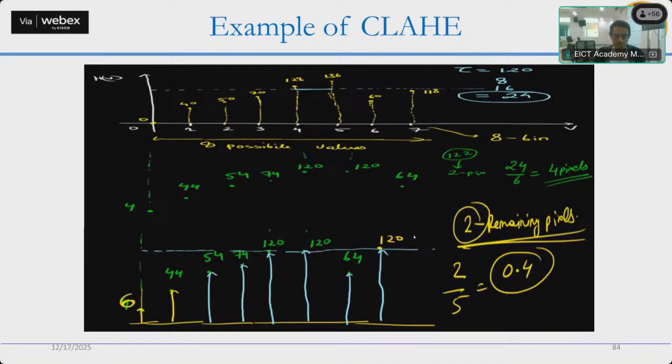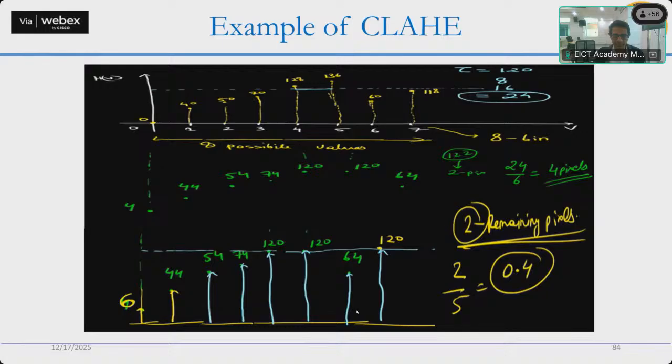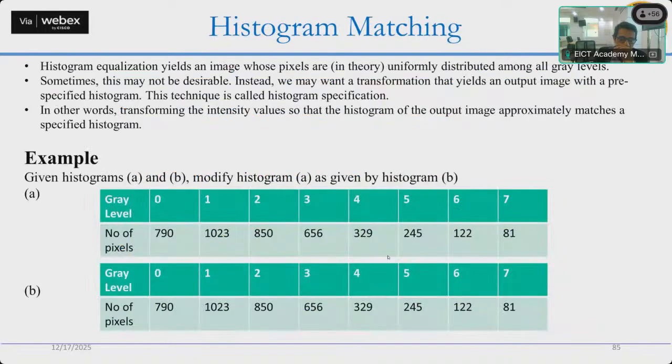See, this way we have done it. This is basically the new level of the pixel, and again we can redraw the image from this. So this is one of the most important techniques used by biomedical researchers.